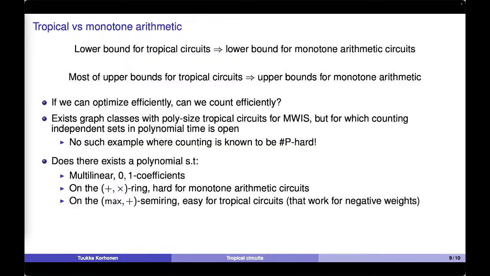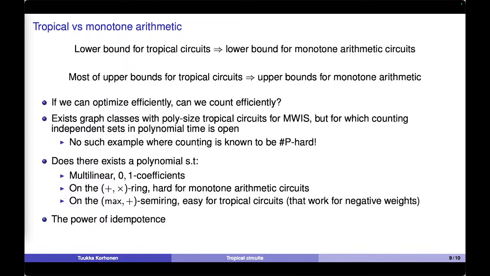And here we want to work with negative weights, because otherwise you can have some stupid things where you have just one huge monomial that covers everything, and what happens below that doesn't matter for tropical, but matters for arithmetic. This excludes that.